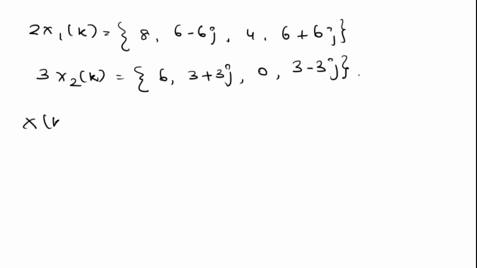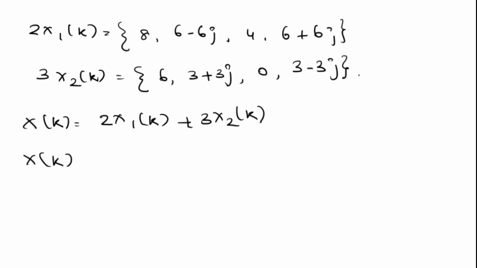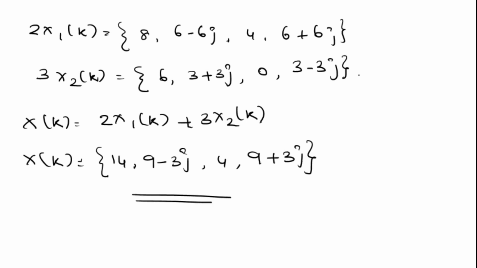Then x of k is equal to 2 into x1 of k plus 3 into x2 of k. X of k is equal to, we have to add the elements. 8 plus 6 is 14, 6 plus 3 is 9, minus 6j plus 3j is minus 3j, 4 and 9 plus 3j. This is the required answer.